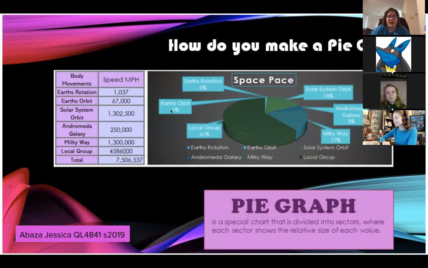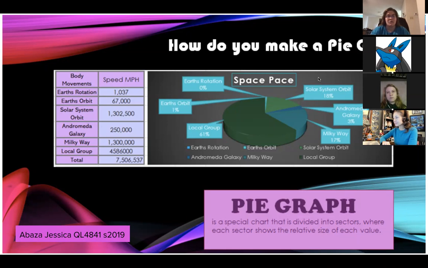So this is what this graph is based on. I plugged in Earth's rotation, the Earth's orbit, and so on and so forth, and then I also typed in how fast they were going. So when I put in my pie graph, I made sure all of this information was present.